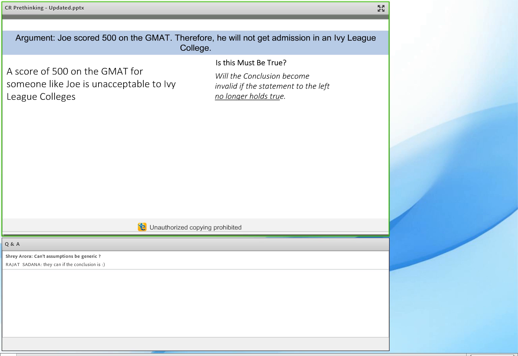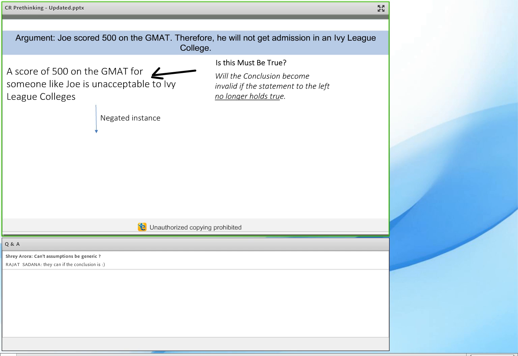Let's ask ourselves, is that must be true? Or in other words, will the conclusion become invalid if the statement to the left, which is this answer choice over here, no longer holds true? So let's see what happens when this answer choice no longer holds true. And listen to this carefully: when you say that a statement no longer holds true, by definition, the negated version of that statement becomes true.